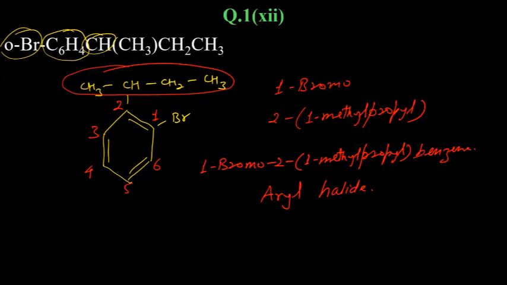So another name for this one could have been one bromo, and then on second carbon you have sec butyl benzene. One bromo, two sec butyl benzene. That is also an acceptable answer here. And this is aryl halide.